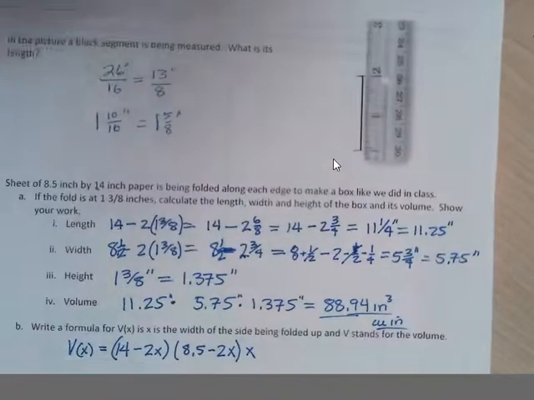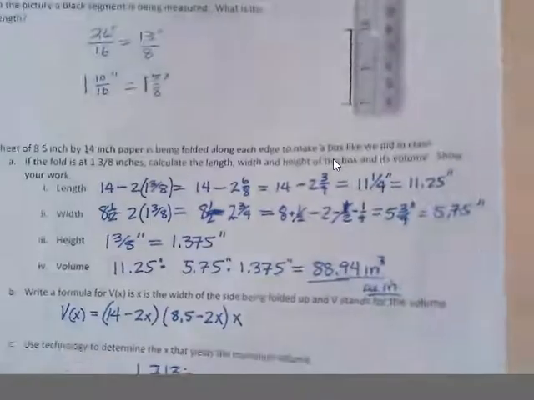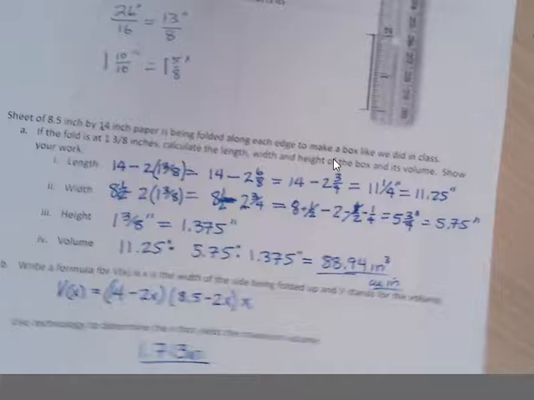So if this was 14 and we fold it up this way, 7 and 7, it would have nothing as the bottom, because it would be half.